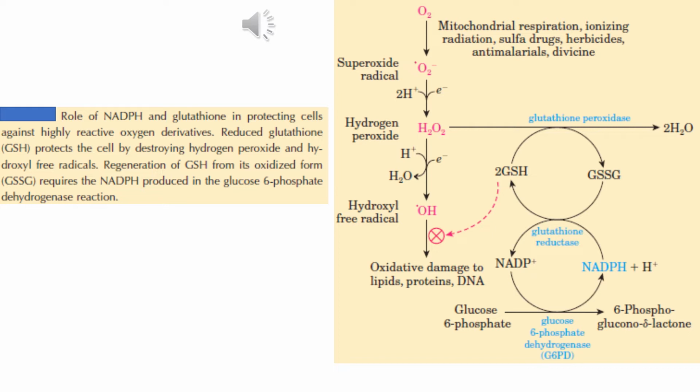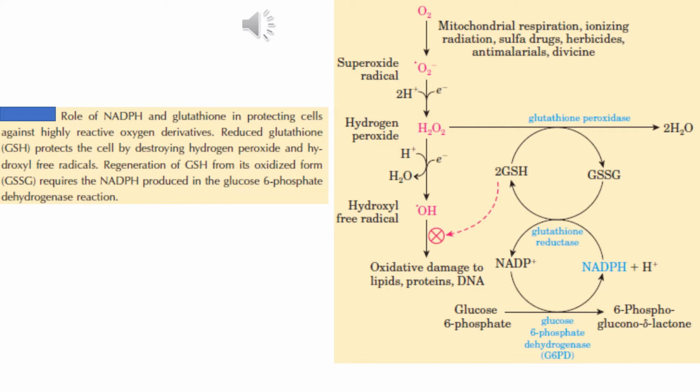What's the role of NADPH plus H plus in detoxification of the radicals in the body? Hydrogen peroxide is formed as a result of normal metabolism taking place in our cells. This hydrogen peroxide will damage lipids and proteins and nucleic acids, etc., which should be prevented. Therefore, there is an enzyme glutathione peroxidase.